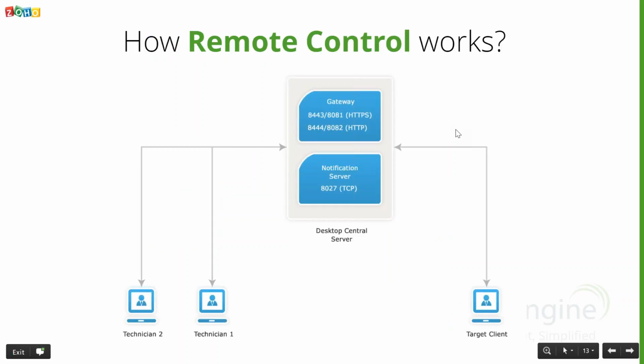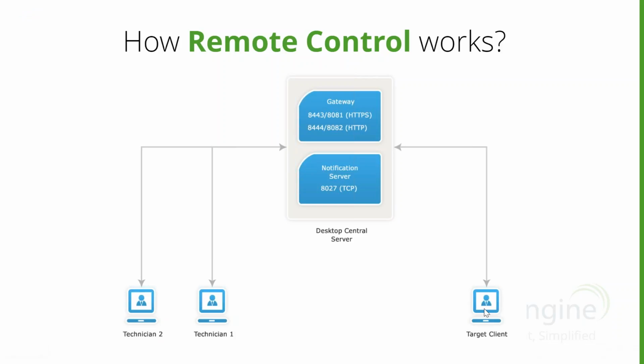Next, I'd like to talk about how remote control works, and what the workflow is in the back end. As soon as the technician logs in to Desktop Central tools and clicks on connect to the machine for which you want remote access, a request is sent from the viewer machine to the main Desktop Central server, where a component called the notification server, running on port 8027, listens to the request and forwards it to the target client machine.